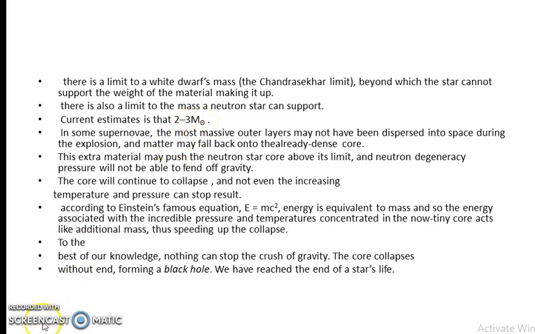In some supernovae, the outermost massive layers may not have been dispersed into space during the explosion, so the matter may fall back into the core. അപ്പൊ അങ്ങനെ എക്സ്ട്ര മെറ്റീരിയൽ കോറിനെ പുഷ് ചെയ്യുന്നു, ന്യൂട്രോൺ സ്റ്റാറിന്റെ മാസ് ഇൻക്രീസ് ചെയ്യുന്നു, ന്യൂട്രോൺ ഡീജനറസി പ്രഷറിന് ഗ്രാവിറ്റിയെ ബാലൻസ് ചെയ്യാൻ പറ്റുന്നില്ല. അപ്പൊ കോർ കണ്ടിന്യൂ ടു കൊളാപ്സ്. അതിന് ടെമ്പറേച്ചറും പ്രഷറും ഇൻക്രീസ് ചെയ്യുന്നു. അപ്പോൾ ഐൻസ്റ്റീൻസ് മാസ് എനർജി റിലേഷൻഷിപ്പ് അനുസരിച്ച് കൊളാപ്സ് സ്പീഡ് അപ്പ് ചെയ്യുന്നു. അതിന്റെ ഡെൻസിറ്റി അത്രയും ഇൻക്രീസ് ചെയ്തിട്ട് ഫൈനലി ഇറ്റ് ബിക്കം എ ബ്ലാക്ക് ഹോൾ.